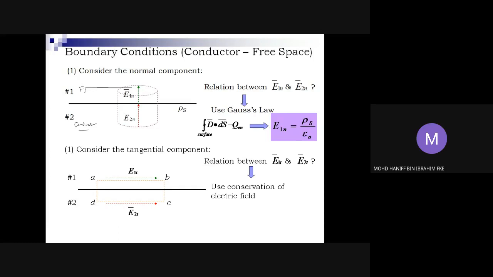So what we did here is we sketched the Gaussian surface. This dotted line, cylindrical structure, is your Gaussian surface. Up here should be surface number 1, down here should be surface number 2, and the curved surface should be surface number 3.